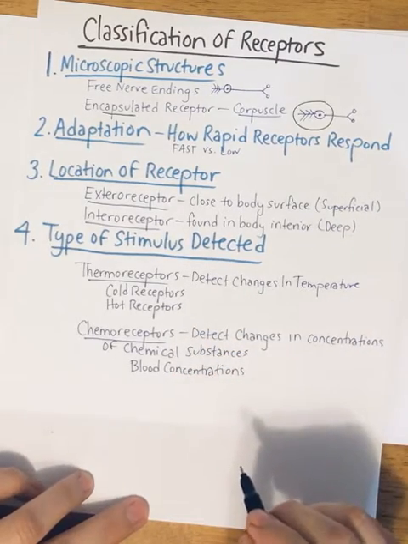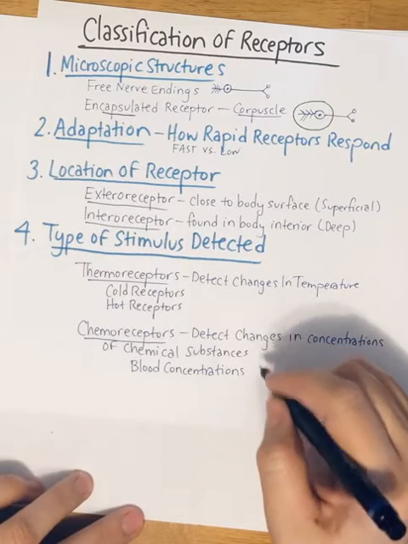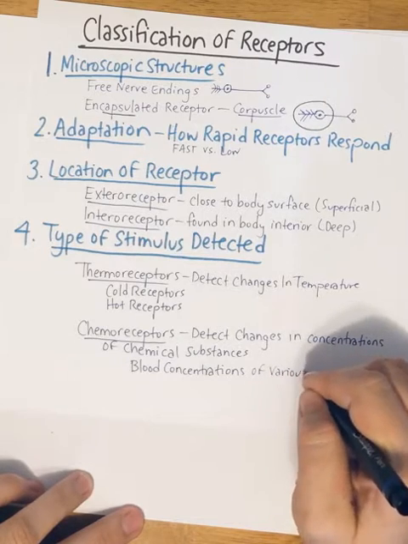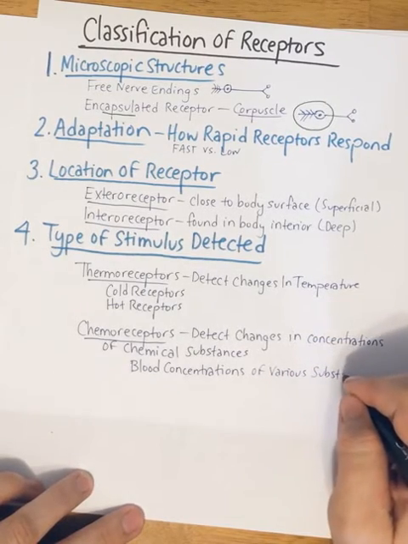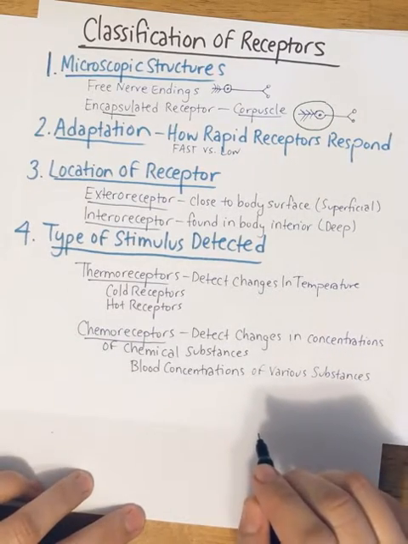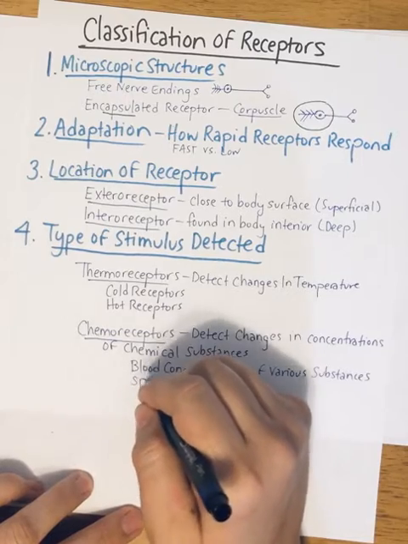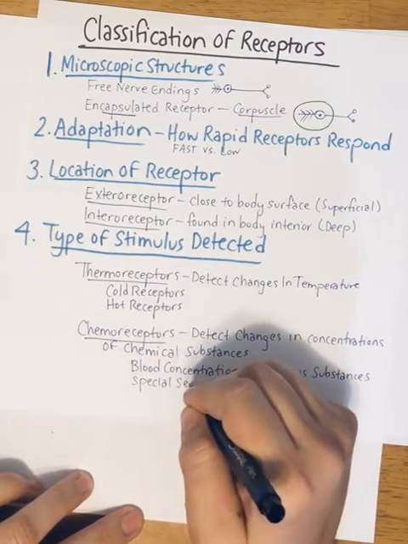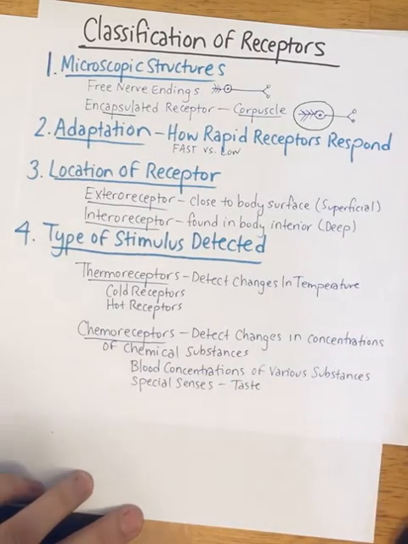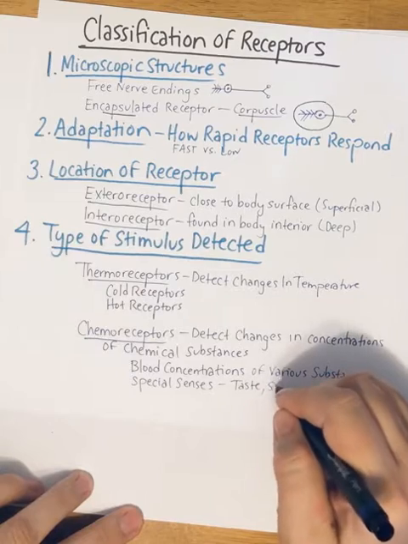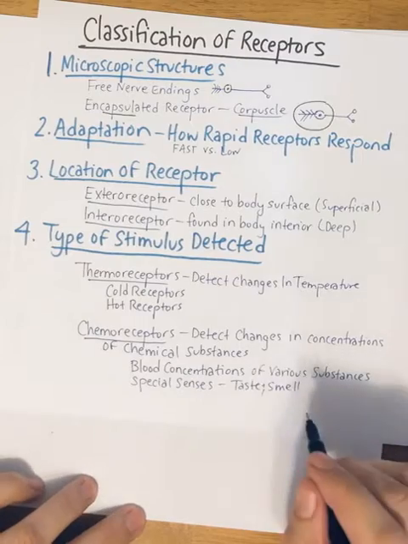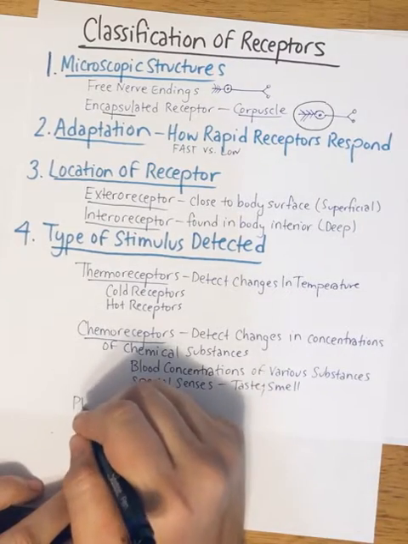Blood concentrations can be different levels of various substances like calcium, oxygen, anything that has a molecular formula. Now, we also are going to use these in special senses. For taste, taste is involving chemicals. Also smell. Those are your chemoreceptors.